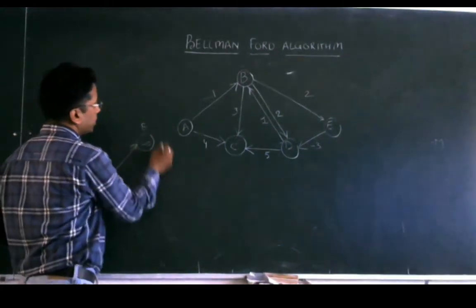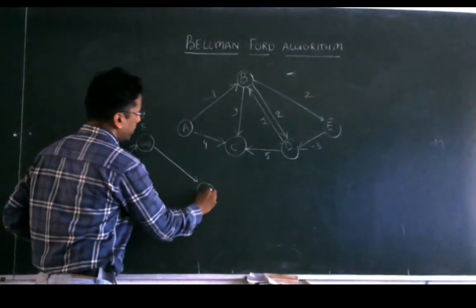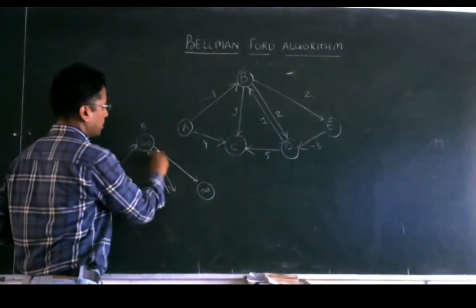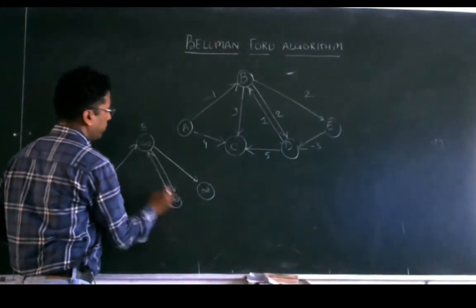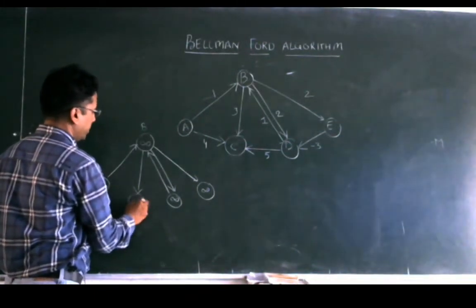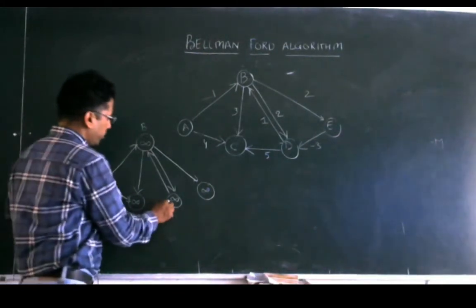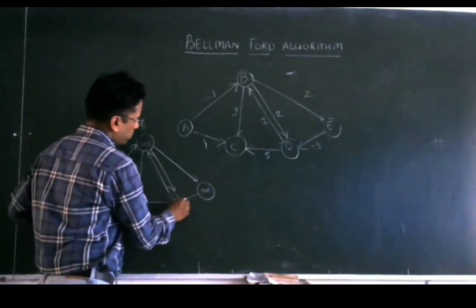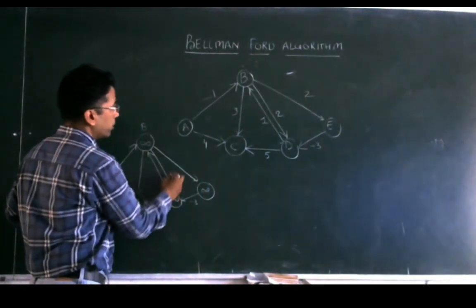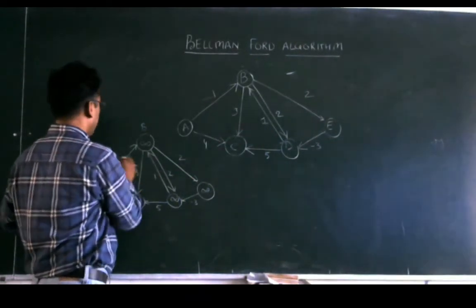B infinity, infinity, infinity. Right. Now when I start from this node, I am writing down the edge values 3, 5, 2, 1, 2, 3, -1.